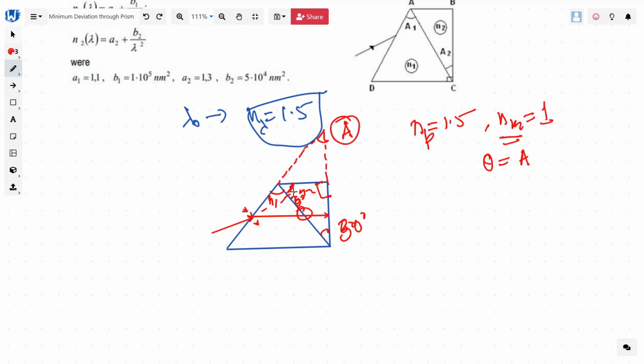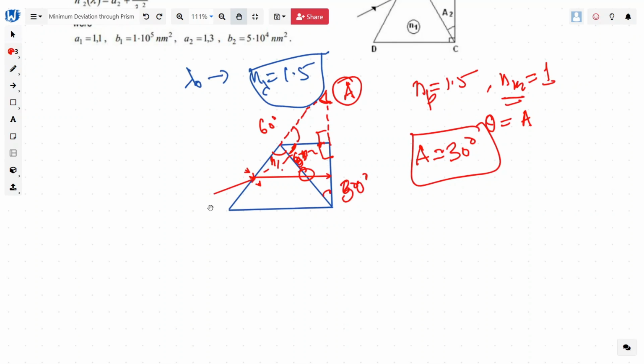So this angle will again be 60. This is 60, and these two put together have to be 180, so this will be 60 degrees. This is 90. So A is equal to 30 degrees. Now we can simply write our equation and we'll be able to solve this problem very easily. So what is our equation? Very simple. We know that.